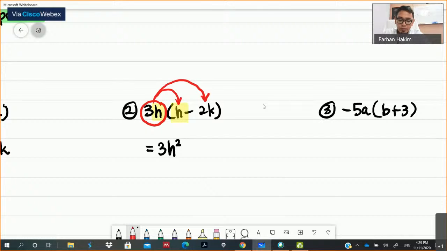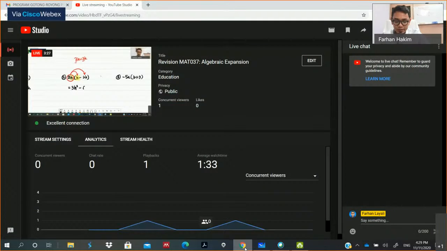So 3 multiplied by 2, because it is negative here, we will have negative 6, and then h multiplied by k will get hk.